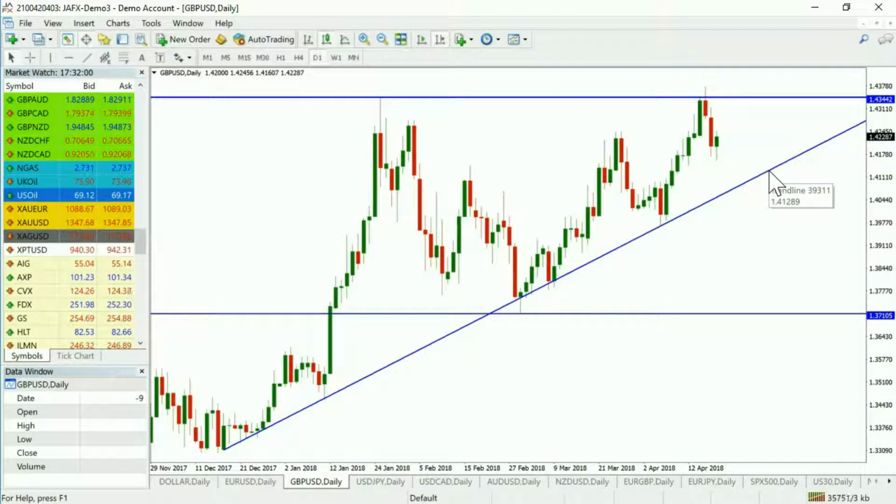Inflation and retail sales. There's a myriad of data that the Bank of England are looking at very closely in terms of looking to increase interest rates. So anything that can impact that decision has the potential to create a significant amount of volatility for the British pound. So we need to bear that in mind.